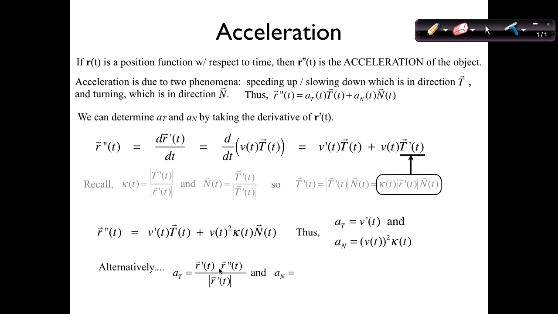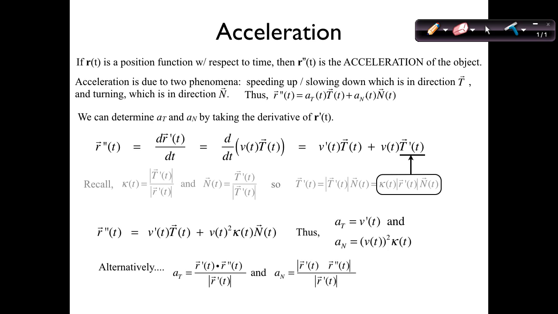Therefore, dot product or cross product? In as much as they're in the same direction, it's dot product. So as much of the second derivative that's in the direction of the first derivative, or in the direction of T, that's going to be our tangential acceleration.